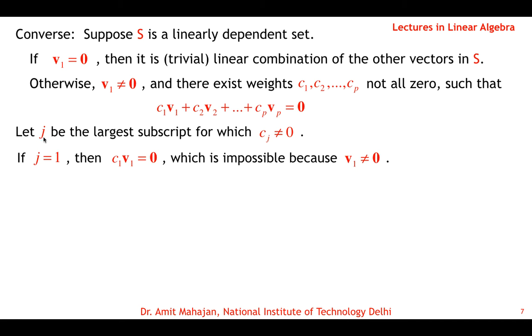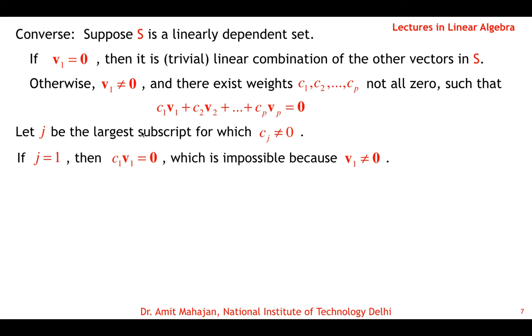For j equal to 1 means c1 is non-zero and 1 is the largest subscript, that means c2, c3, ..., cp are all 0. So this equation immediately reduces to c1 v1 equal to 0, because j is the largest subscript for which the weight is non-zero.